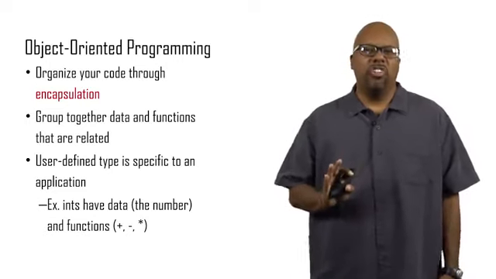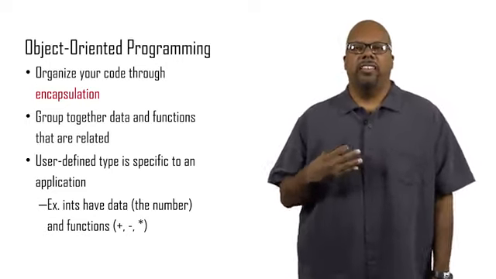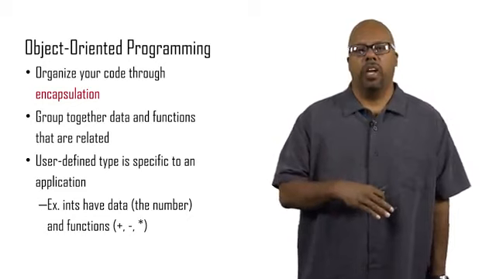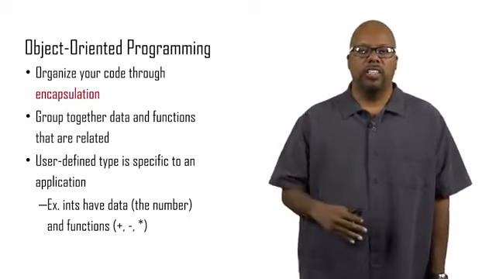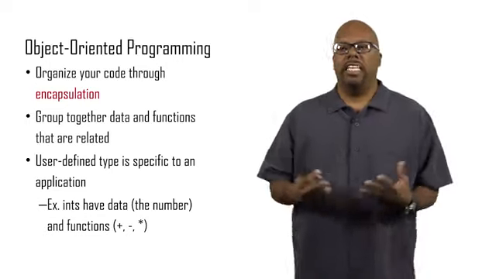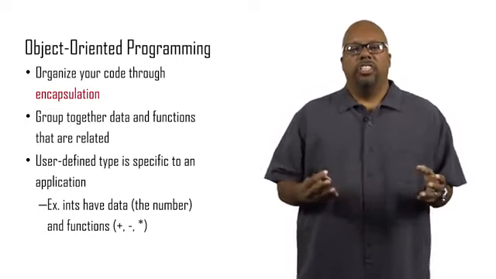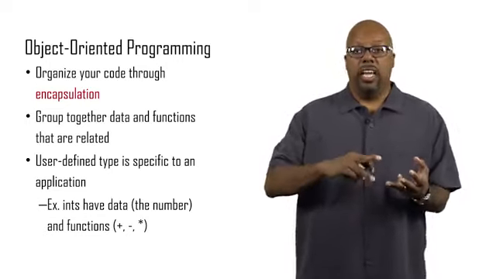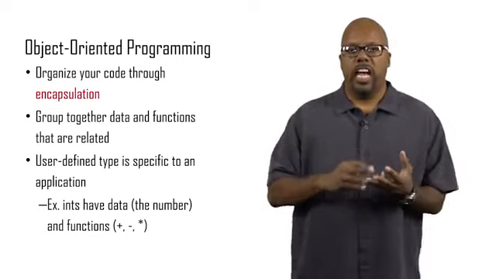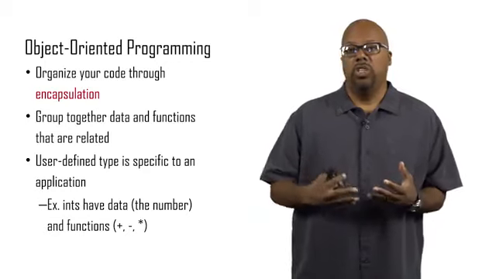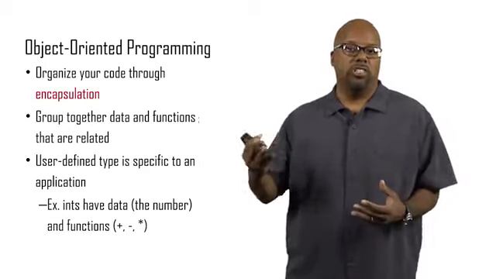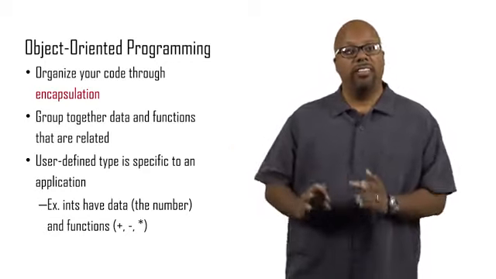A class you can think of as a type that can be defined by the programmer, a user-defined or programmer-defined type. Think of a type like integers, right? Every integer has the class of integers. We'll call it the class of integers. That type has data, which is the number, the actual integer. The integer 3 has the value 3, right? That's its data.